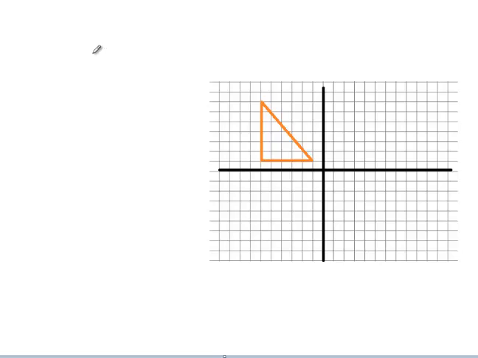Let's say we wanted to put it in a translation of 8 and -3, which means we want to change all the x values by 8, and we want to change all the y values by -3. So we'll call this, again, ABC.